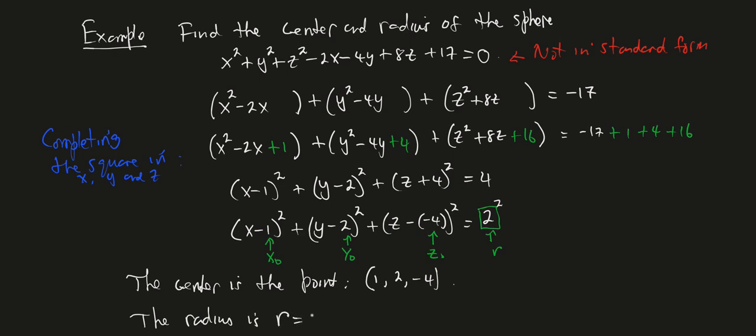I'll just say r equals 2, right? So if you're given the point and the radius, it's easy to write down the equation. But sometimes if the equation is given to you in a slightly different form, you'd have to convert it over to that standard form before identifying the center and the radius.